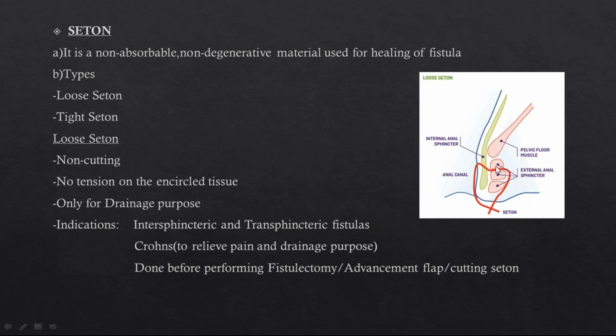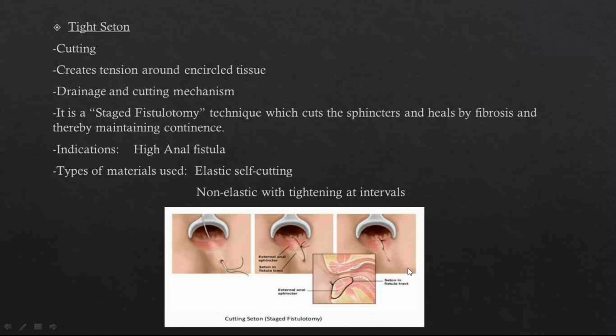So it is only for drainage purposes. It prevents closure of the tract and helps drain its secretions. Usually it is done for intersphincteric and transsphincteric fistulas, Crohn's disease, and as a prior procedure before fistulectomy, advancement flap, and cutting seton.